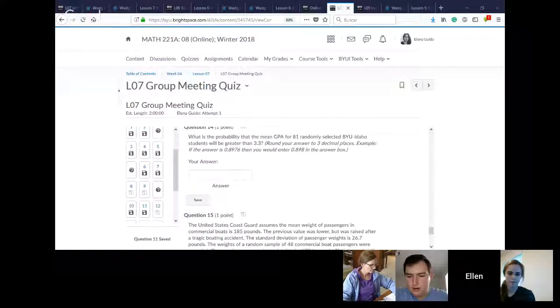And that gets you the z-score that you can plug into the applet to get the probability. Thanks a lot.